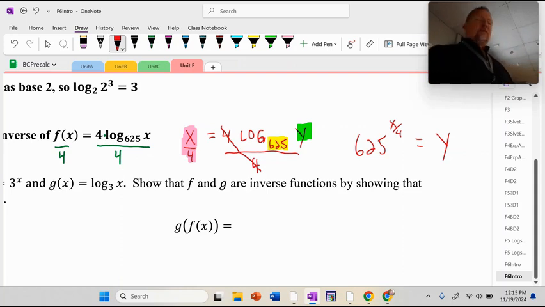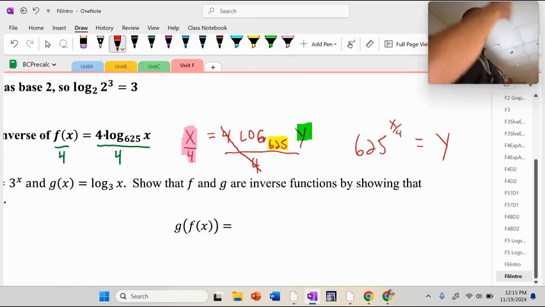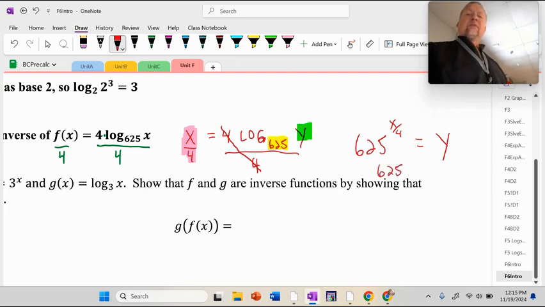Wait a minute. I go to the multiple choice and I don't see this answer, but I see some other weird answers. So I've got to do something else. Oh, I remember that alternative form thing. Isn't this the same as 625 to the 1/4 raised to the x?